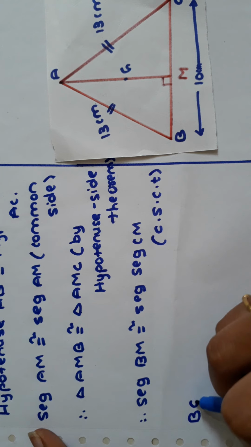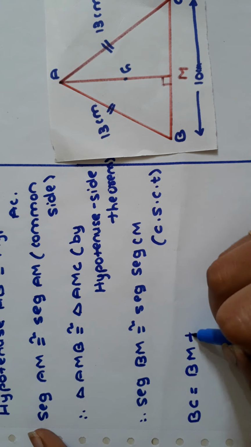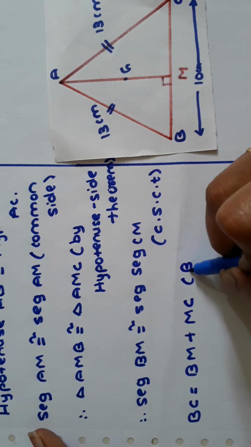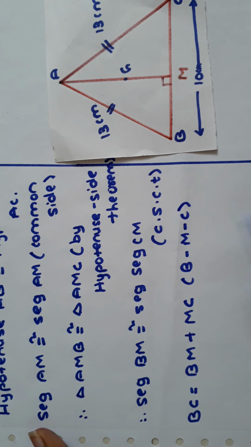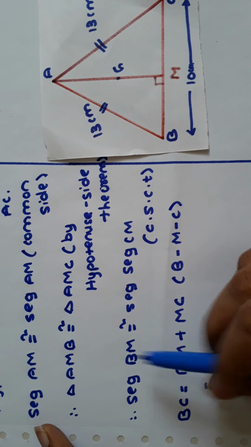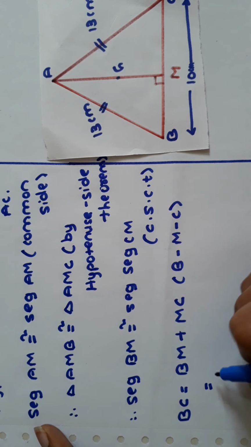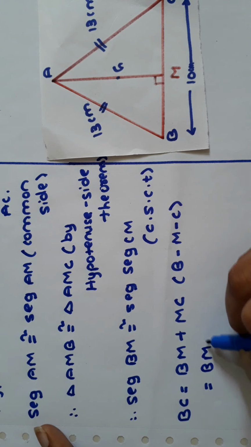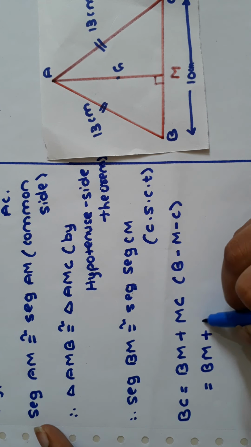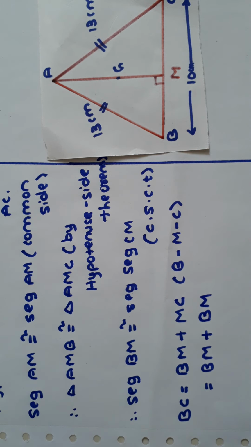Now if you take BC, then BC is BM plus MC. But BM is same as CM. So in place of MC or CM, substitute BM.